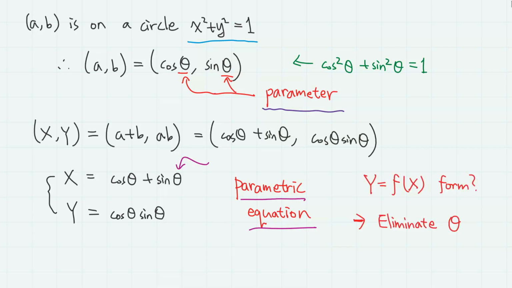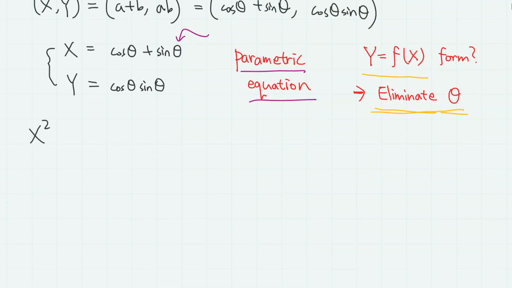In order to obtain the relation between x and y as an explicit y equals f(x) form, we have to eliminate the parameter theta. And we can do that by squaring the first equation, which gives x squared equals cosine squared theta plus 2 cosine theta sine theta plus sine squared theta.